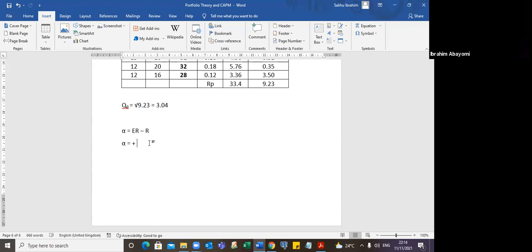If alpha is positive, it is interpreted to mean that the stock is undervalued. What does that mean? It means the actual worth of the shares or security is higher than what the market discloses. So the share is underpriced in the market.